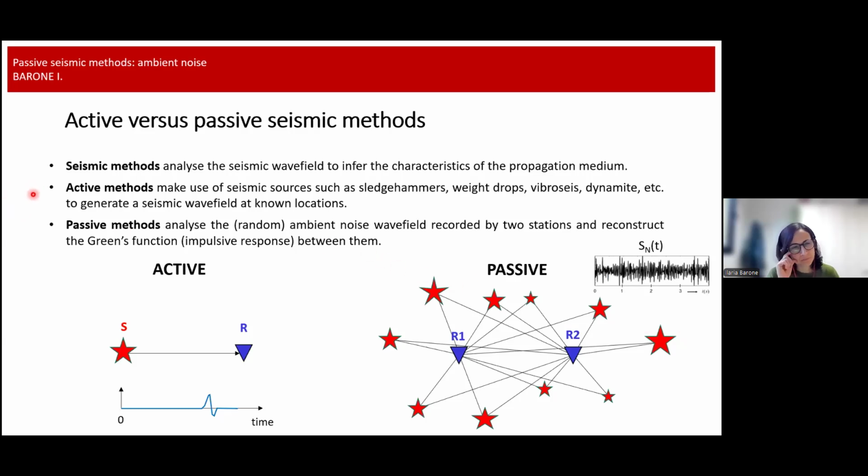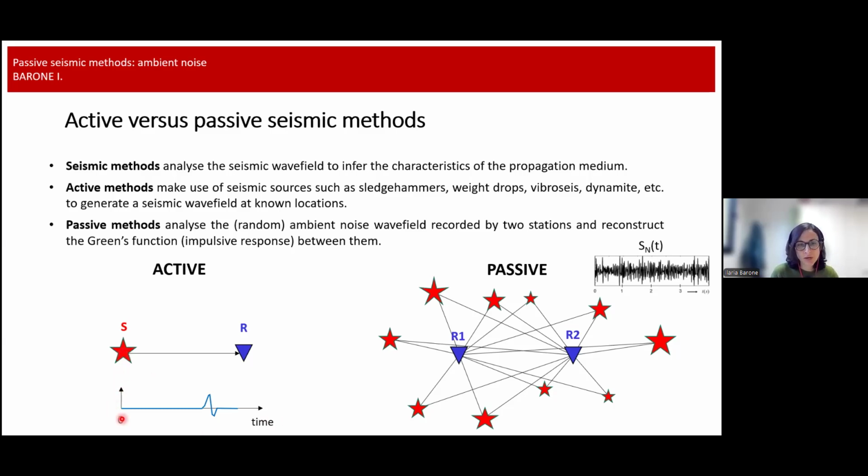Okay, so in this slide I want to make clear the distinction between an active seismic method and a passive seismic method. In an active seismic method, like also smaller-scale acoustic studies, basically the same thing just rescaled, we do have a source, we do have a receiver, and we generally know the source in terms of the shape of the pulse, location, and timing.